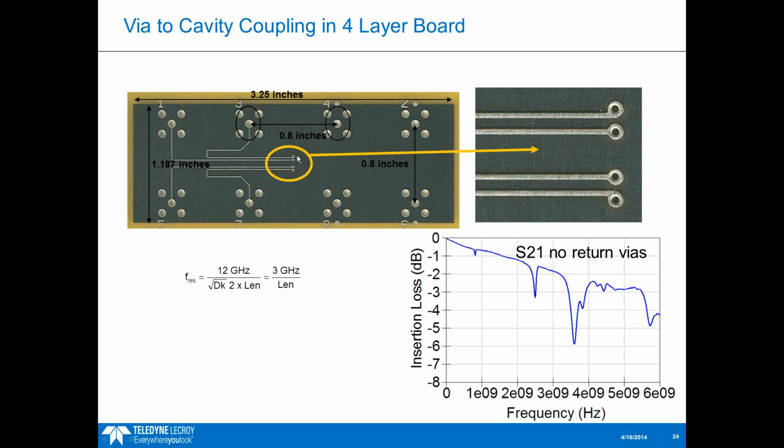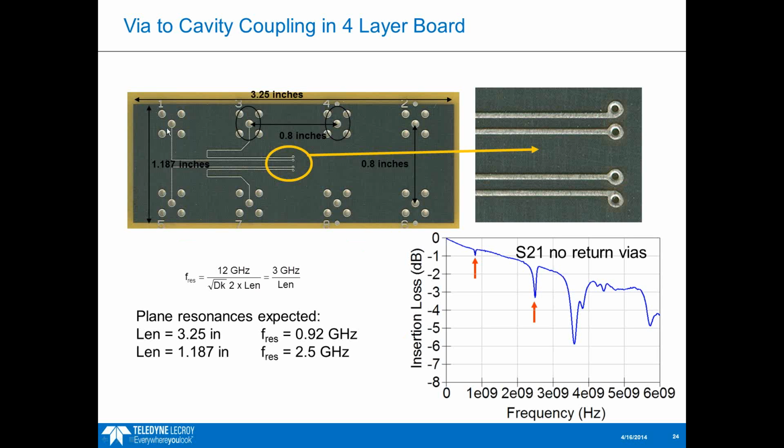So we're sending the signal through these vias. And if you look at the length of 3.25 inches, which is the width of this board here, and you plug that into our equation here, you can see that we expect to see a resonance at 0.92 gigahertz. And sure enough, if you look on the S21 plot, you can see a little resonance right here.